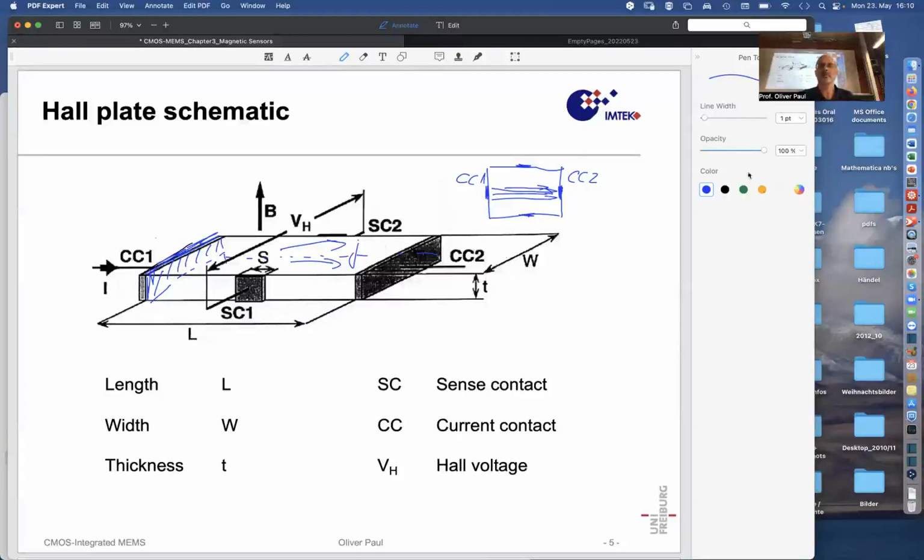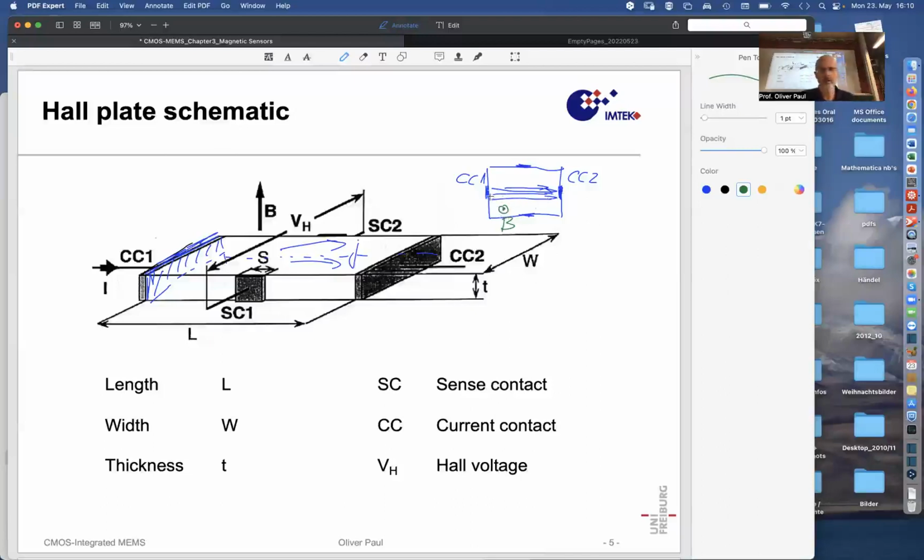And then comes the magnetic field, this B going out of the plane into your nose, and then they say those electrons are deflected by the Lorentz force under this Q. So let's say the electrons flow from left to right.